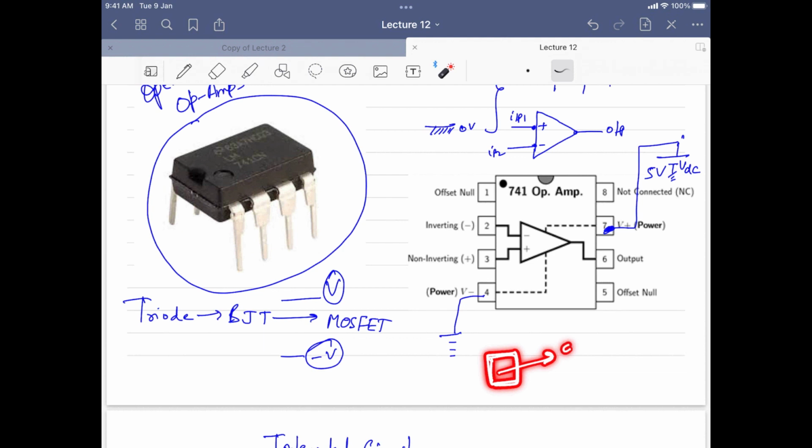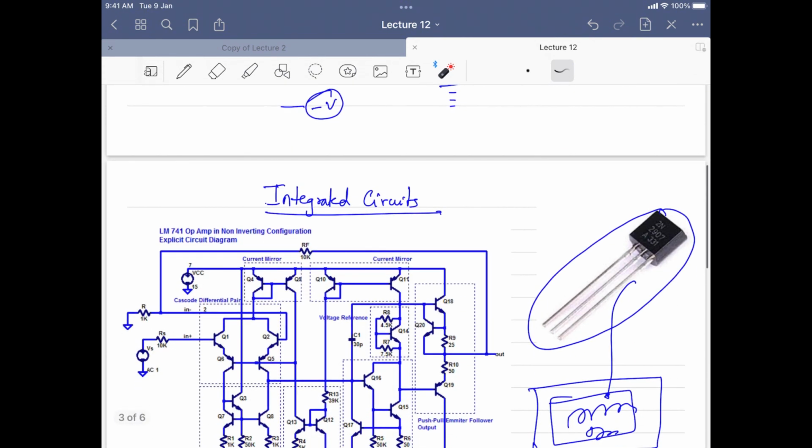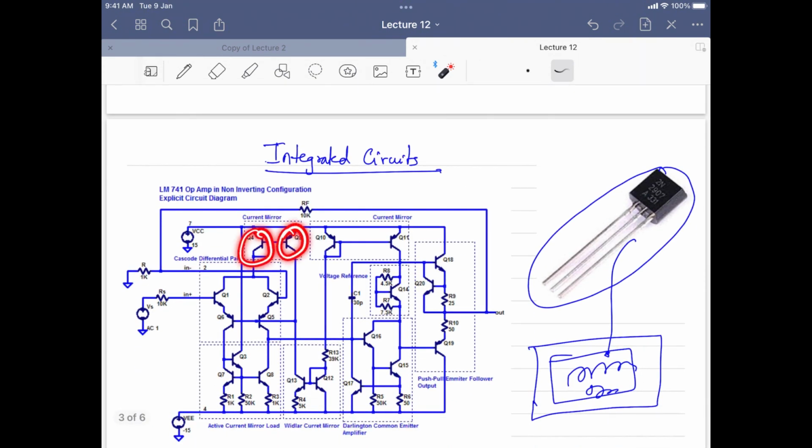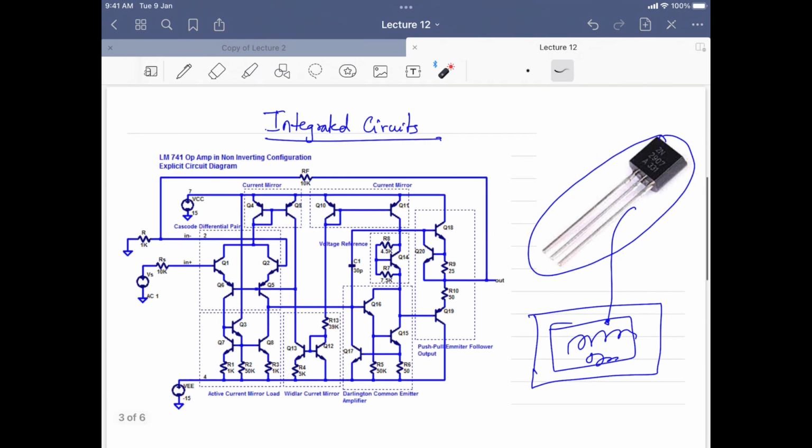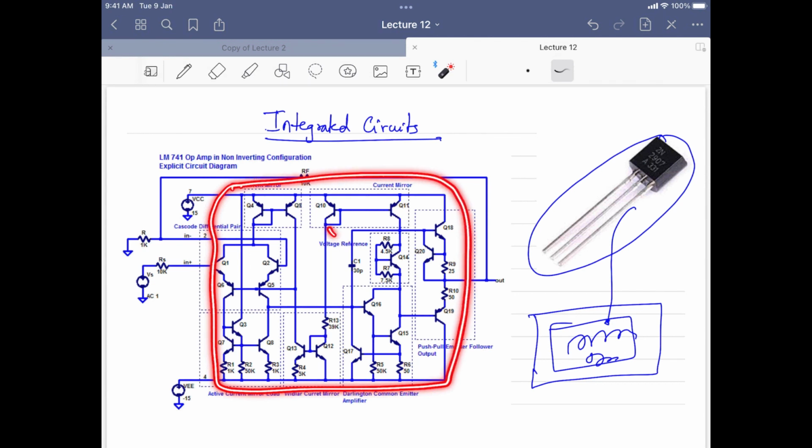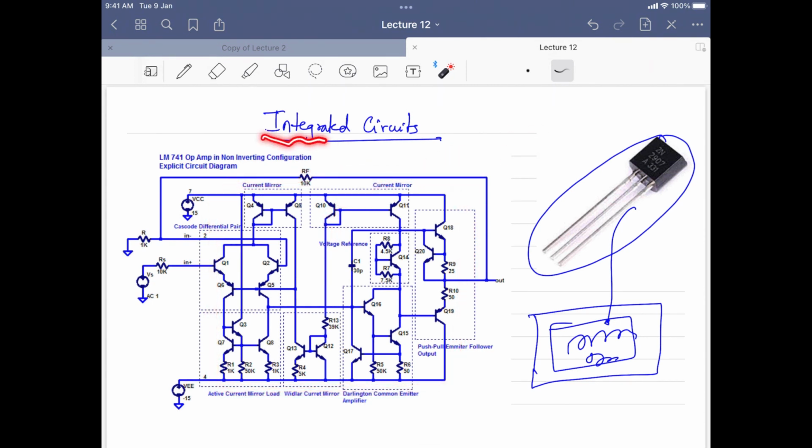So this is the concept of integrated circuits, where you are putting so many transistors which are big in size, and wiring also, in a very small space. Right now here it is looking very big, but if you put it in your integrated chip or IC, it will take only this much amount of space. So this is the idea of integrated circuit.